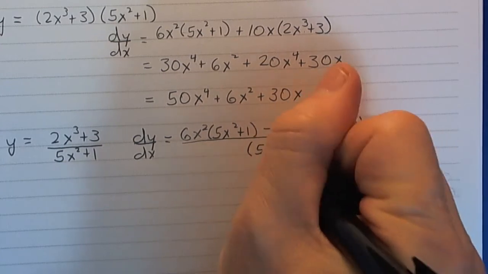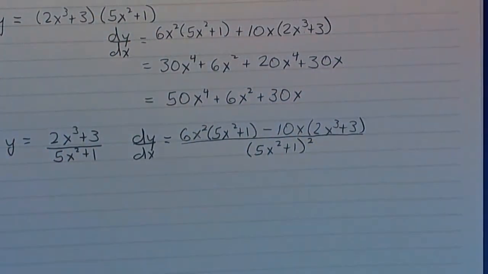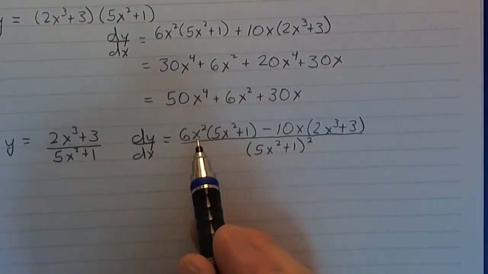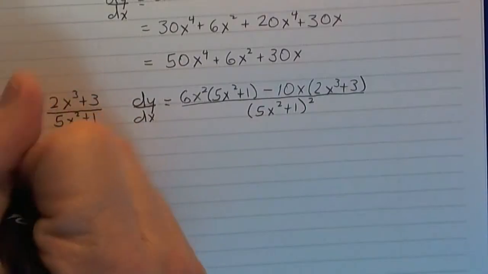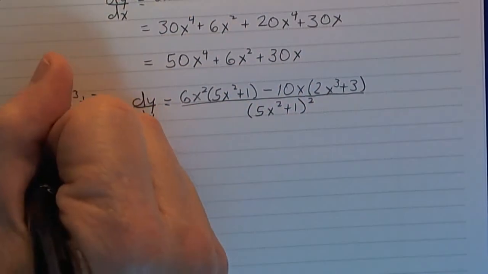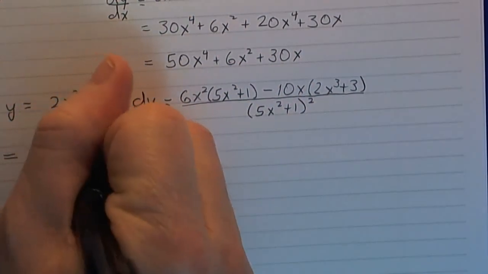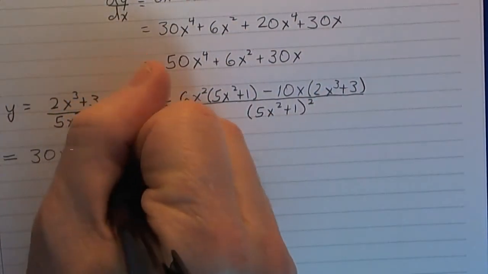Now, we're not going to multiply out the bottom. That's rarely a good idea, okay? We just leave the bottom as it is, and we work with the top here. Okay, so let's see what we've got now. We've got 30x to the fourth plus 6x squared.